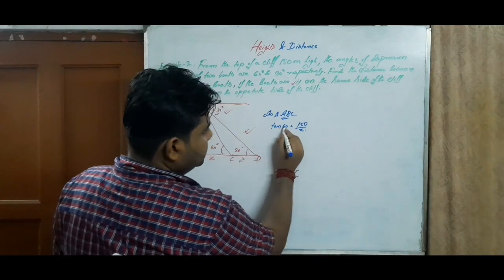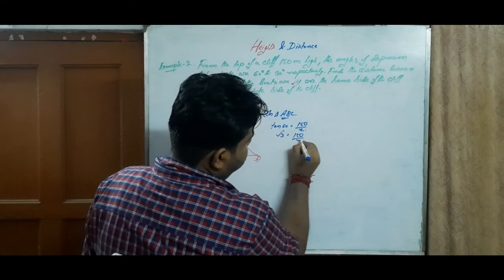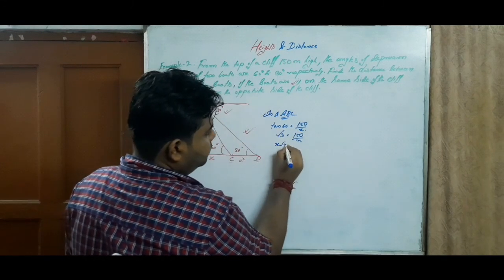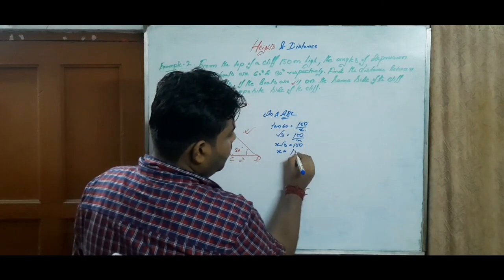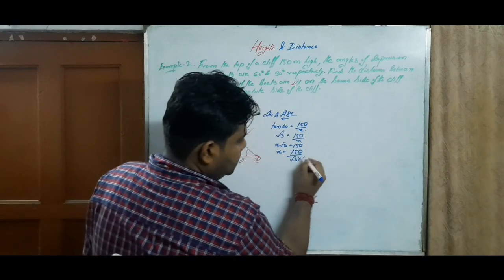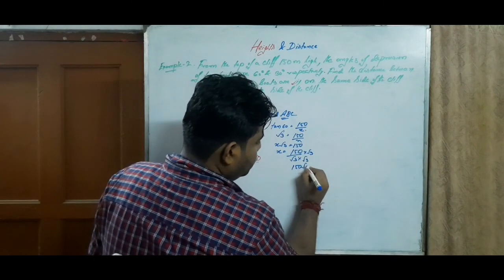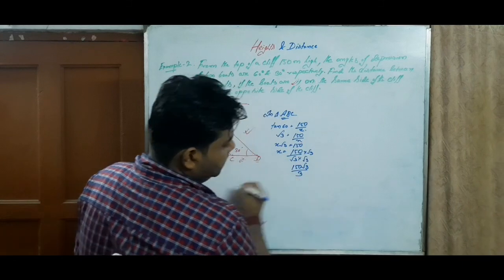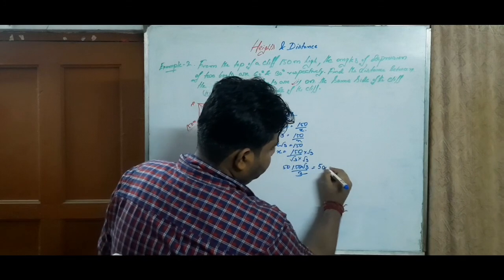We know that tan 60 is root 3, so root 3 equals 150 by x, or x root 3 equals 150, or x equals 150 by root 3. Now we will rationalize the denominator, that is 150 root 3 by root 3 into root 3, that is 3, that is 50 root 3.